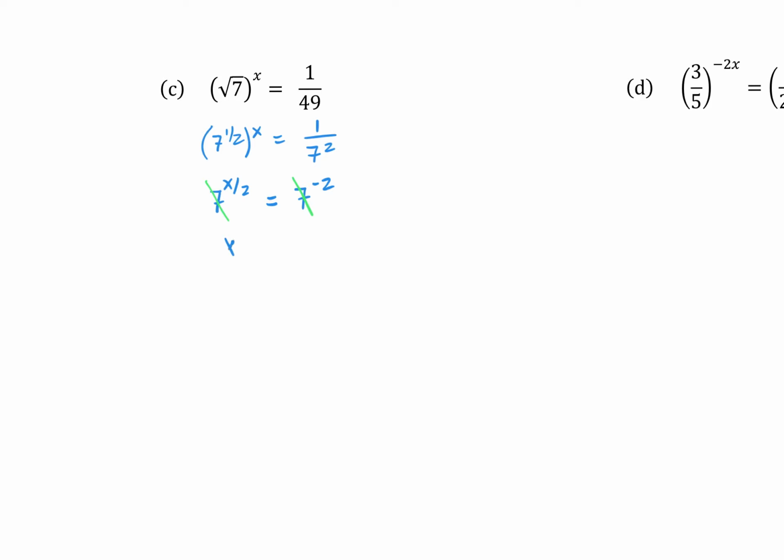This becomes x over 2 equal to negative 2. Multiplying 2 on both sides, x is equal to negative 4. So you see the idea is just to get the bases to match. So first of all, you have to identify what your base is going to be, and then you have to get them to match.